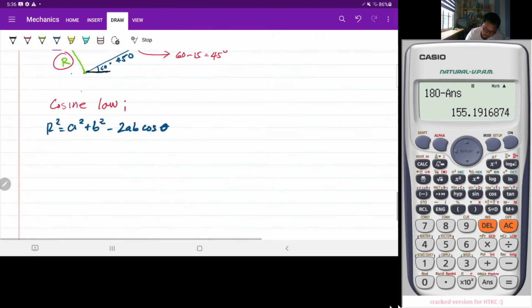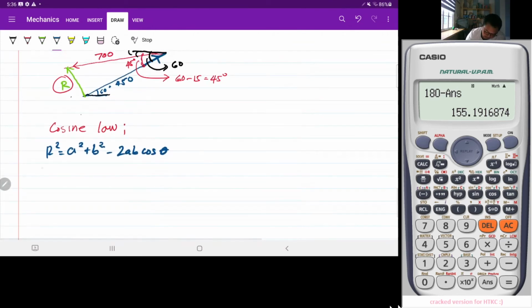Okay, so R is our unknown, R squared equals A squared. So 450 squared plus 700 squared minus 2 times 450 times 700 cosine of 45. So we can solve for R.